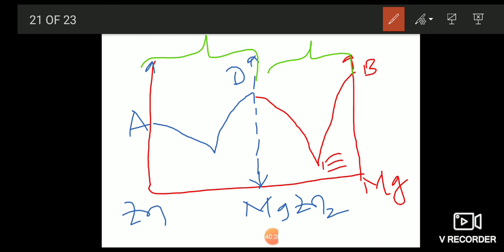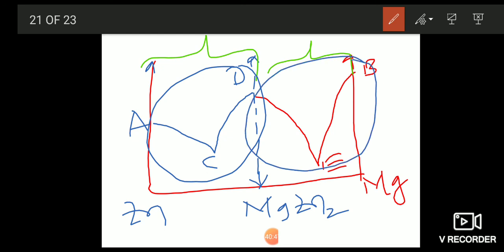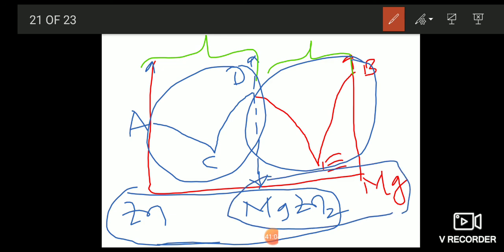If we divide this into two, we can see the ACD phase diagram and the DEB phase diagram, similar to the silver lead system. The left side discusses zinc and MgZn2, and the right side phase diagram discusses MgZn2 and magnesium. In that way also we can discuss this phase diagram.